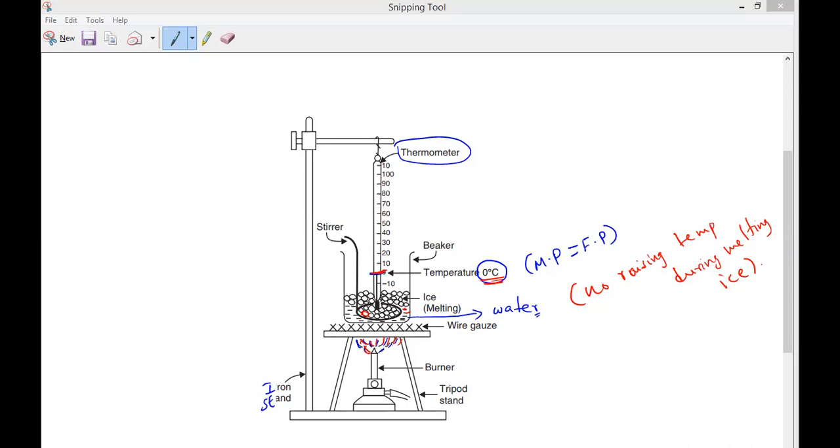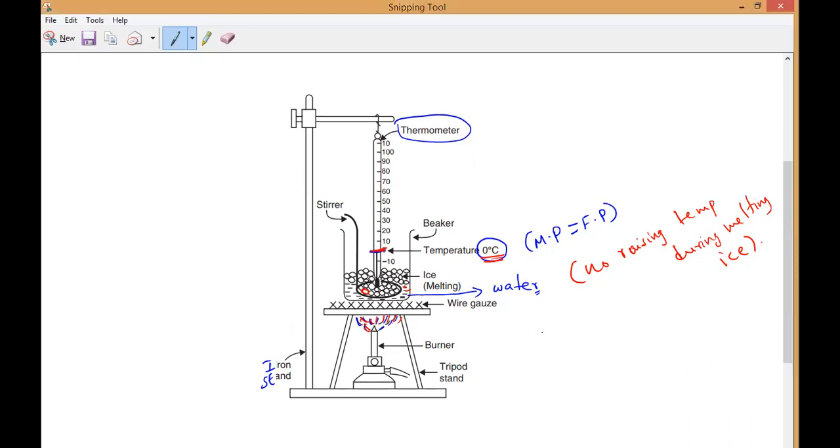There is no rise in temperature, but we are still providing energy. That is what we call the latent heat of fusion of ice, when we are melting ice.